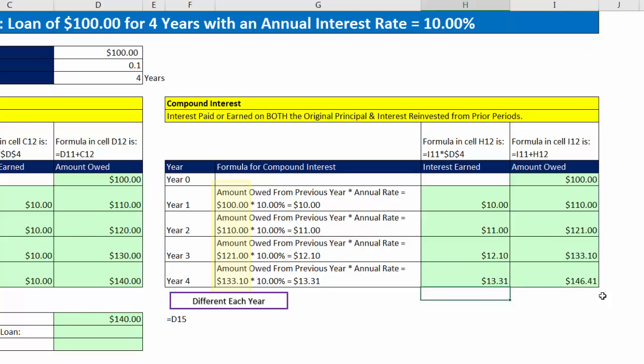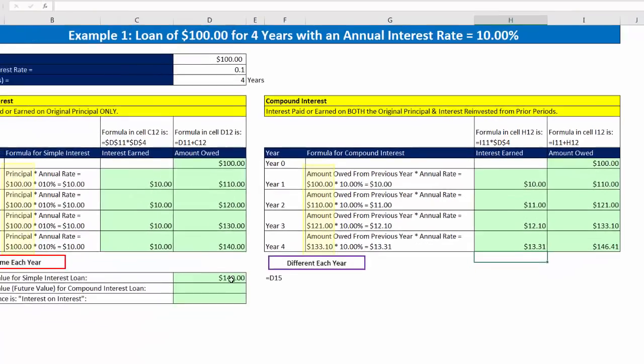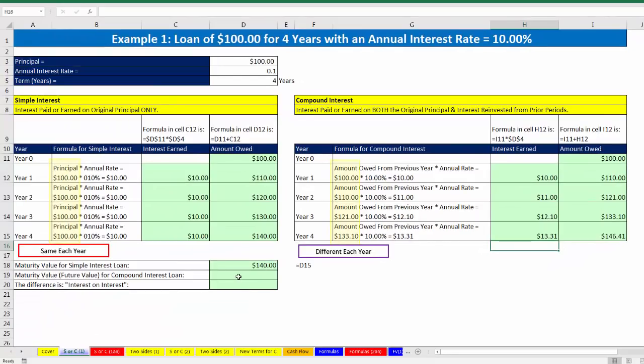And there it is, $6.41 more because of interest on interest. When we compare simple interest to compound interest in this first example, we clearly see that with compound interest, whether we're paying it on debt or receiving it on our investment, compound interest will give us more than simple interest.